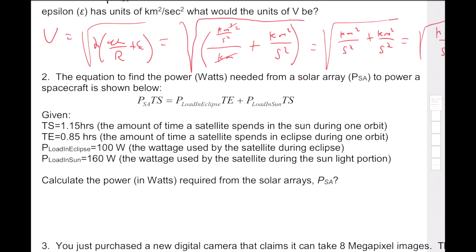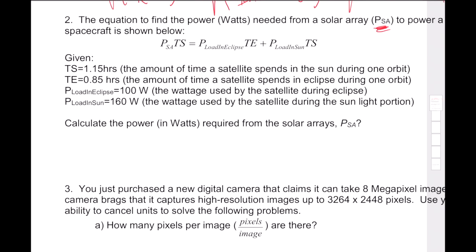All you need to do is isolate what they want, which is PSA. What I always like to do is isolate the variable and then plug in numbers. So let's do that. I'm going to rewrite my equation down here: PSA times time in sun. I'm going to mark off the variables with parentheses.